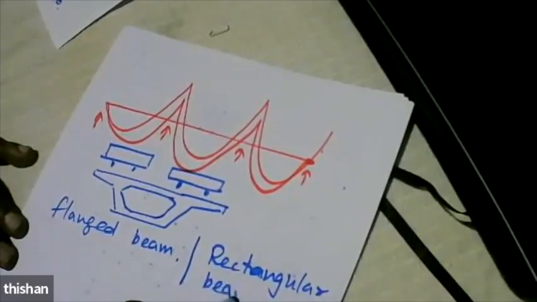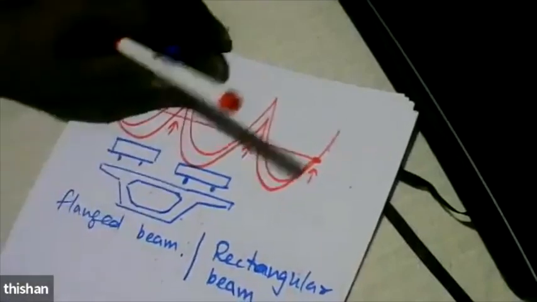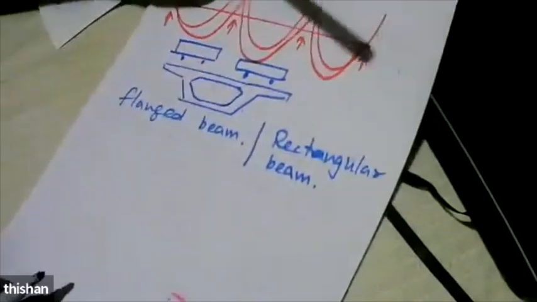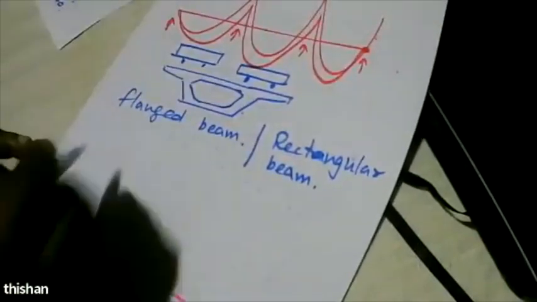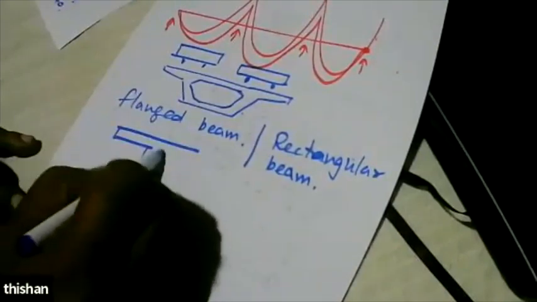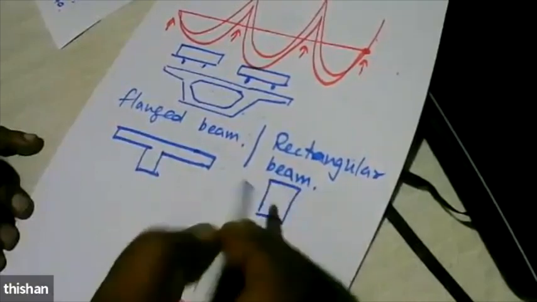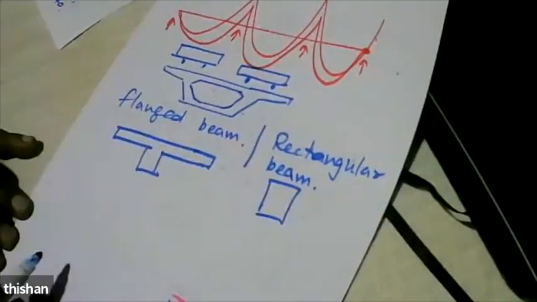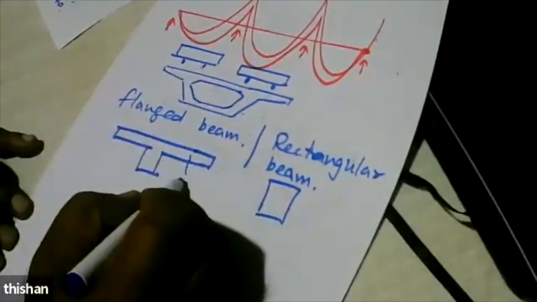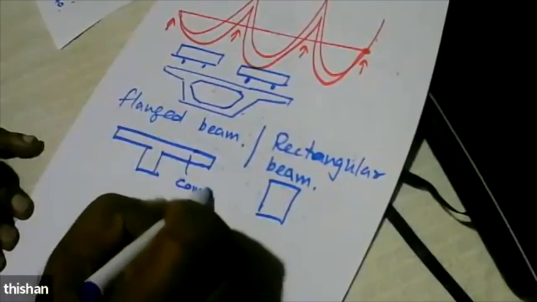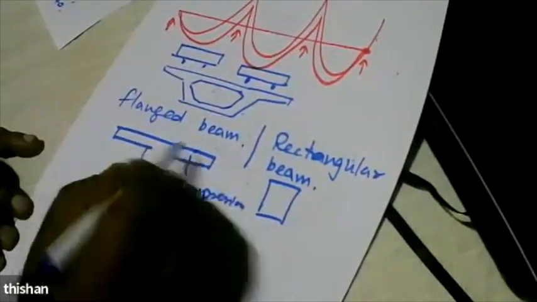Why? Because concrete is a material that can carry compression easily. And if you have a flange, it is more efficient than a rectangle. Why? Because the concrete is there to carry compression. And when it is subject to sagging moments, what do you get?